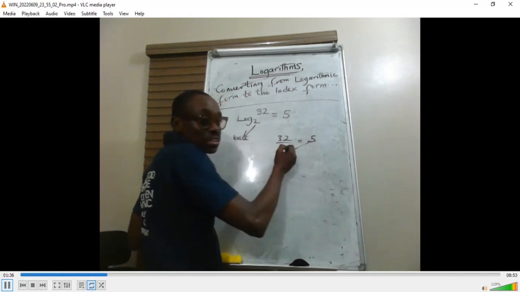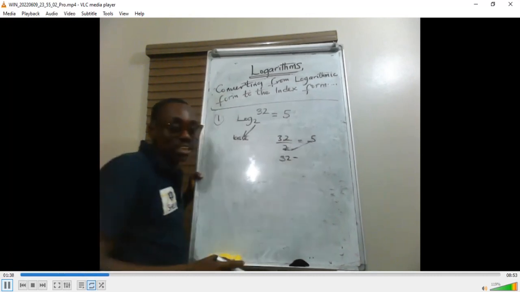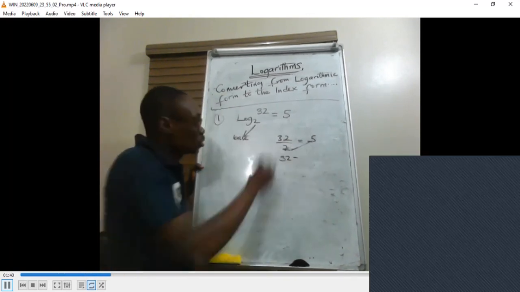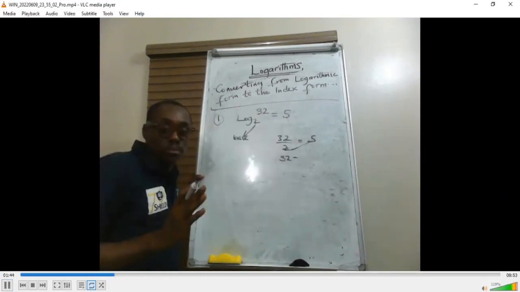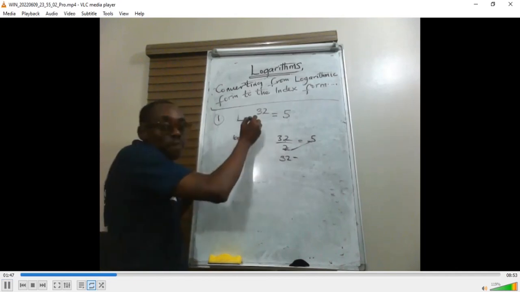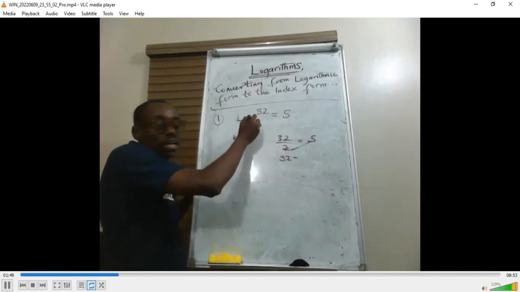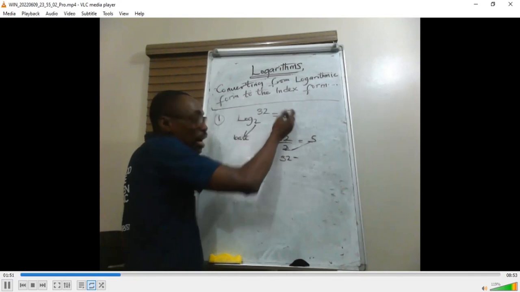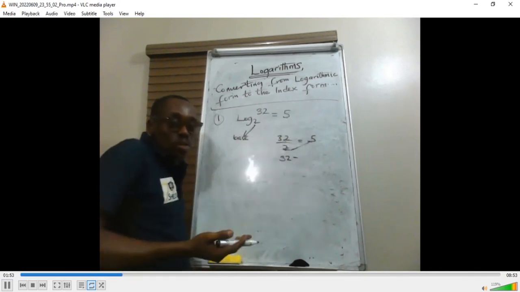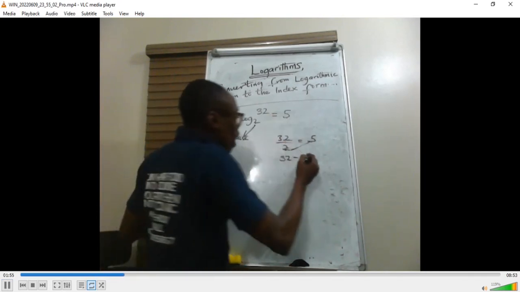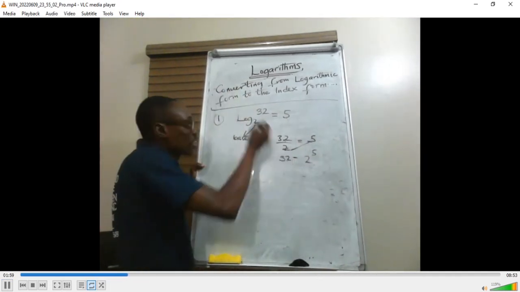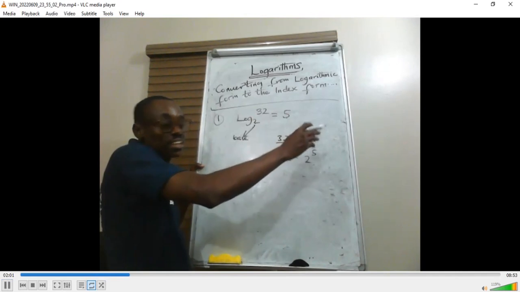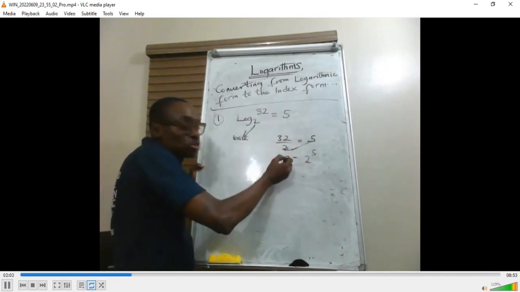The base, this is the base here. It's still going to be the base in the index form. So the base in the logarithmic form will still be the base in the index form. So that base, which is 2 here, is going to move over and raise up this 5. So you're going to have 2 raised to power 5. On your left hand side, the 2 has shifted to the right hand side, so you are going to be left with 32.